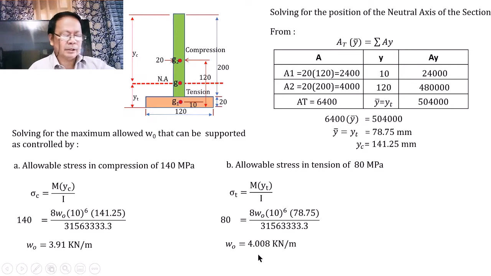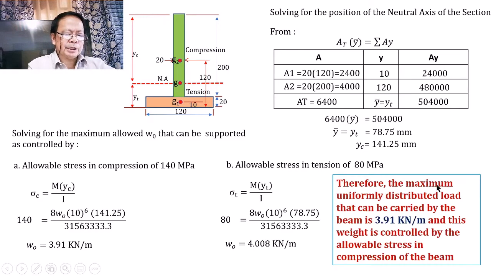And so with the two values that we have, we will not be giving these as two answers, but we shall be selecting which of them is the maximum. When we say maximum, it is the maximum value that will not cause any of the allowable stresses to be exceeded. In this case, the value considered as the maximum shall be the one controlled by the allowable stress in compression at 3.91.